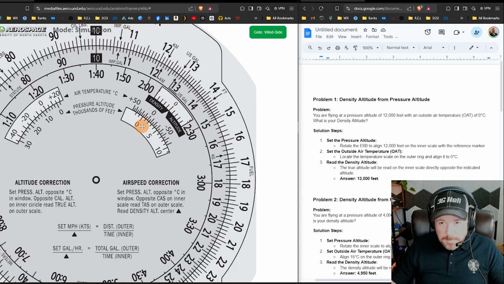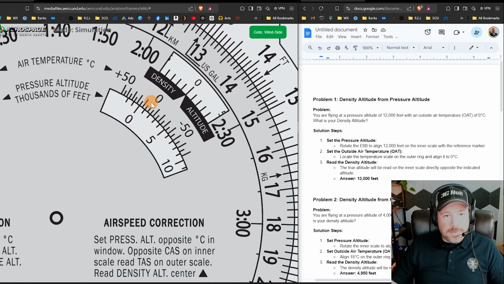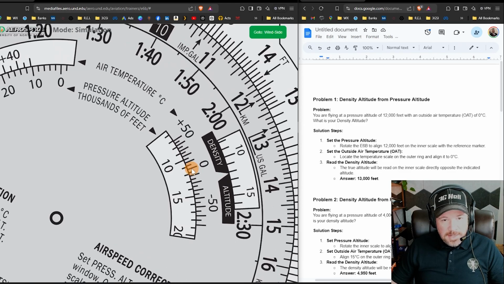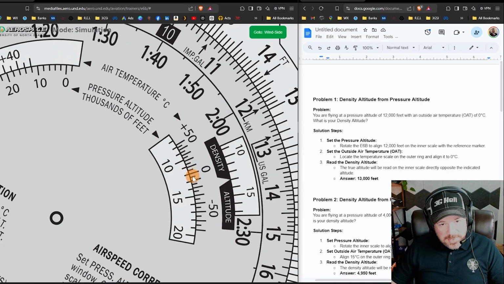So, 12,000 feet and 0 degrees Celsius. 0 degrees Celsius is plus 50 to the left, minus 50 to the right, so 0 degrees there. And we want to find this 12,000 feet. There's 5,000, there's 10,000, 11, and 12,000 feet.